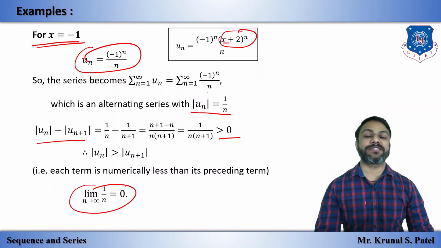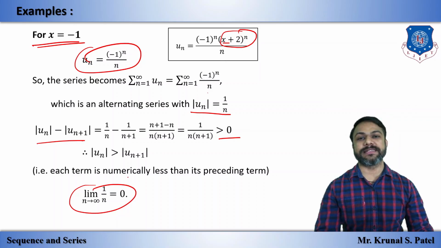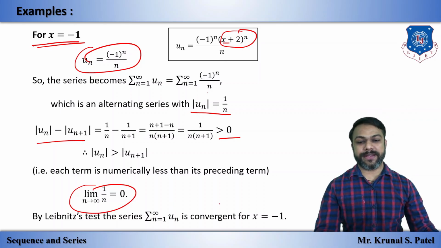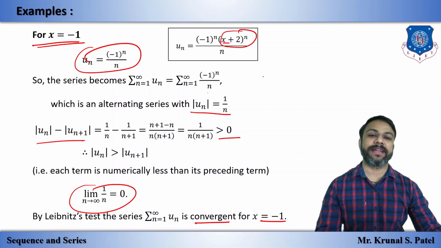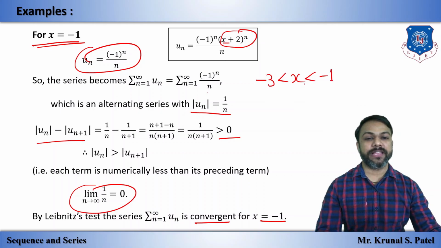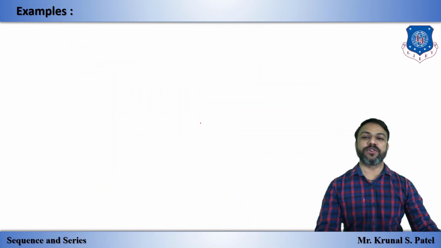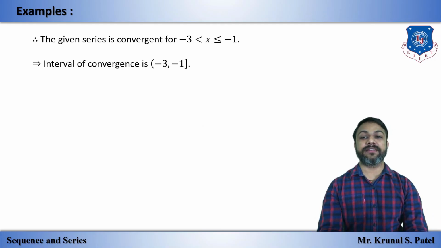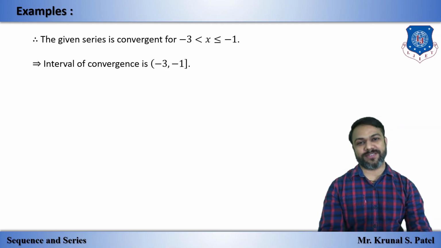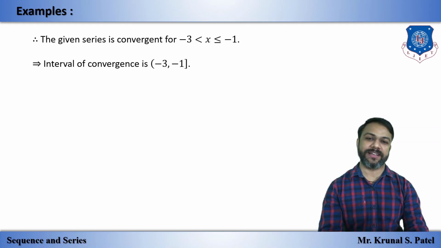So the given series is convergent for x equal to minus 1. So the interval is minus 3 less than x, less than or equal to minus 1. This is our convergence case, and this is our interval of convergence, an open-closed interval.